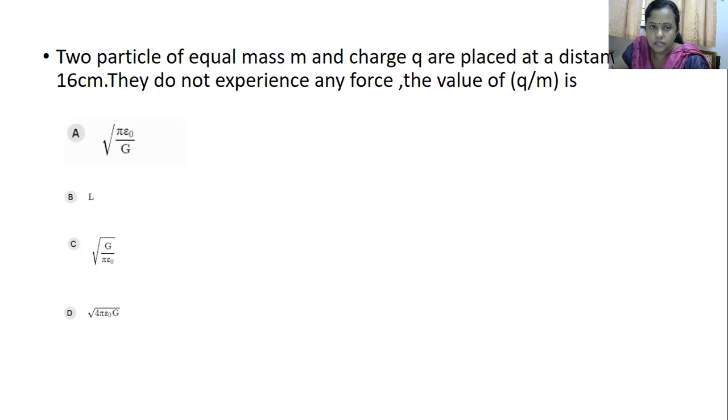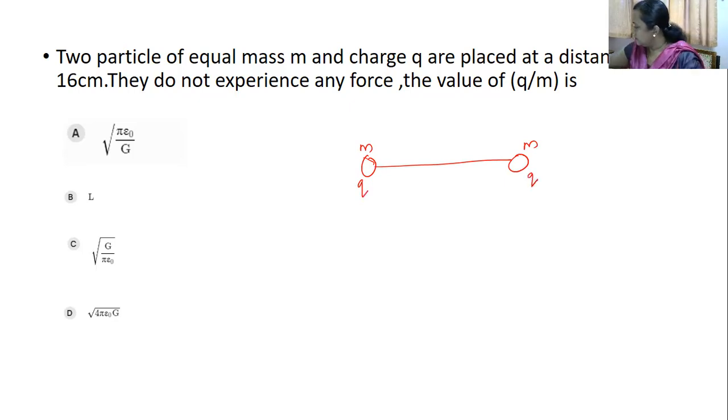So it is given that two particles of mass m and charge q are placed at a distance of 16 centimeter apart. The distance between them is 16 centimeter. They are not experiencing any force.